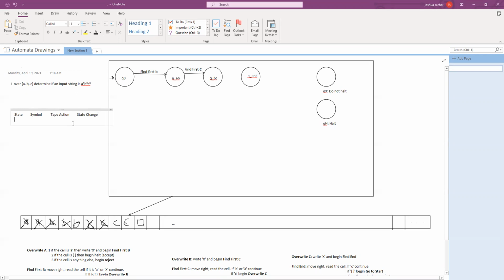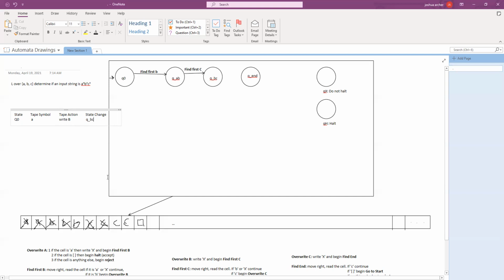For example, Q0 and the tape symbol will be like A, and the tape action will be like write B, and then the state change will be like Q, B, C, something like that.